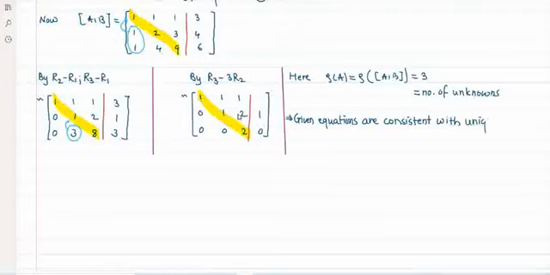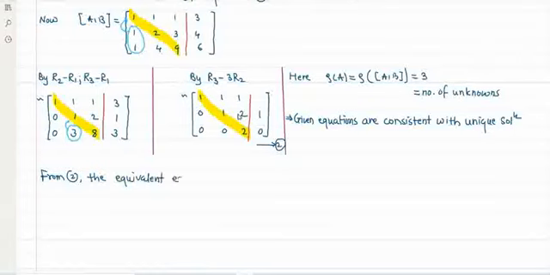Meaning, you are getting a unique solution. Now suppose this matrix, whatever the last rank you identified, I will number as 2. So from 2, the equivalent reduced equations are: first one, x plus y plus z equal to 3.